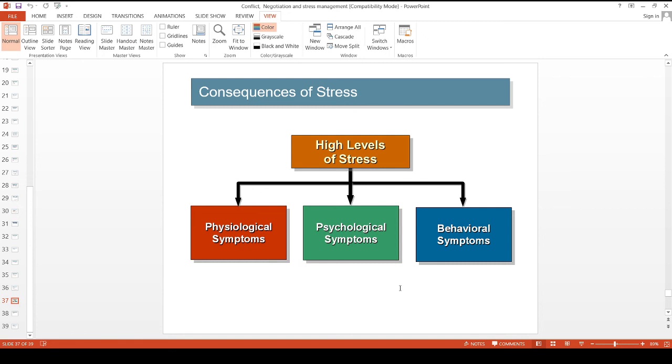But whenever stress goes beyond that level, it will be dangerous for the organization as well as for the individuals, and this level of stress may create different symptoms: physiological, psychological, and behavioral symptoms.